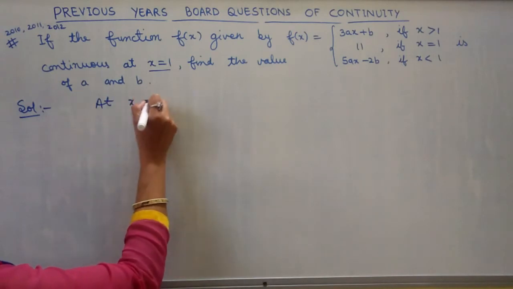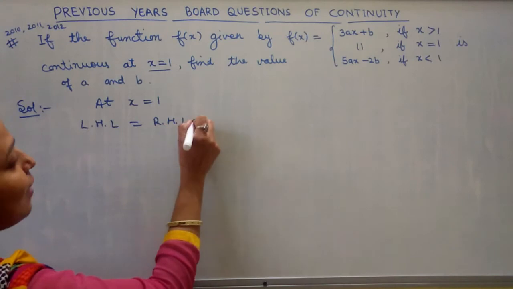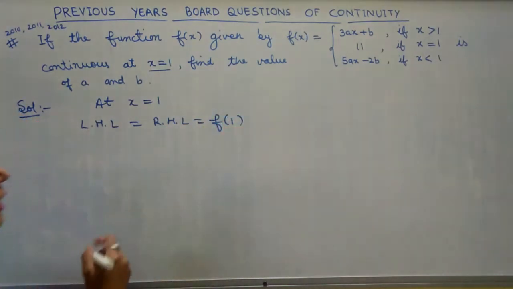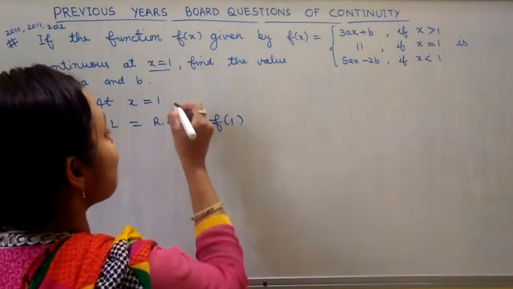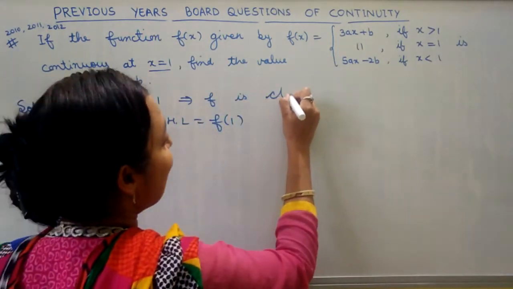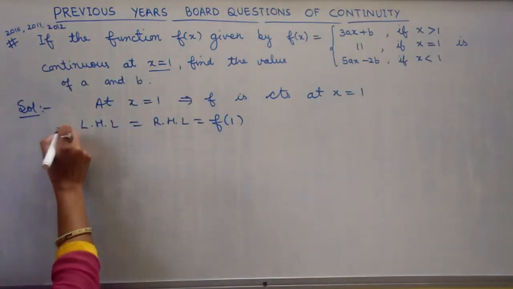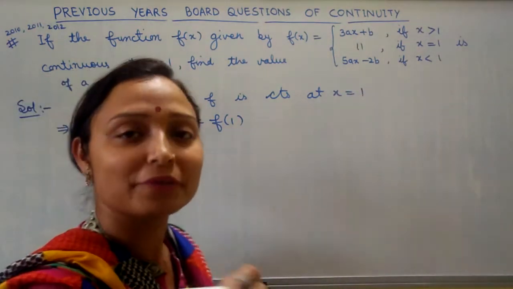At x equals 1, the left hand limit equals the right hand limit equals f of 1, because f is continuous at x equals 1. That means these 3 terms are equal according to the definition.